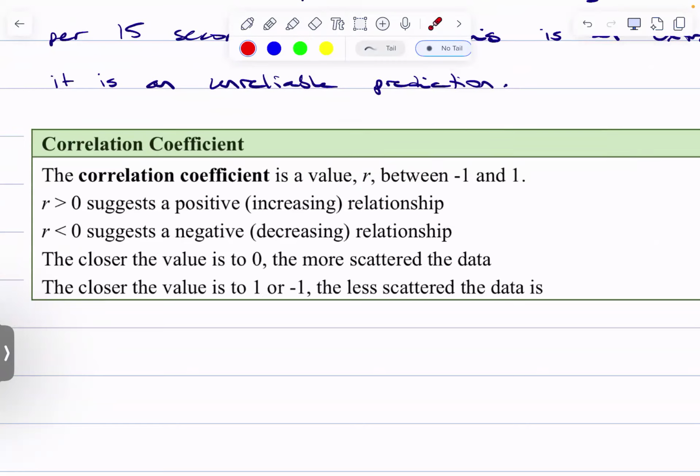So the correlation coefficient, there are other reasons, but not for us. We denote it by a lowercase r, and r is between -1 and 1. A positive r means that you have a positive relationship, which means you have a positive slope.